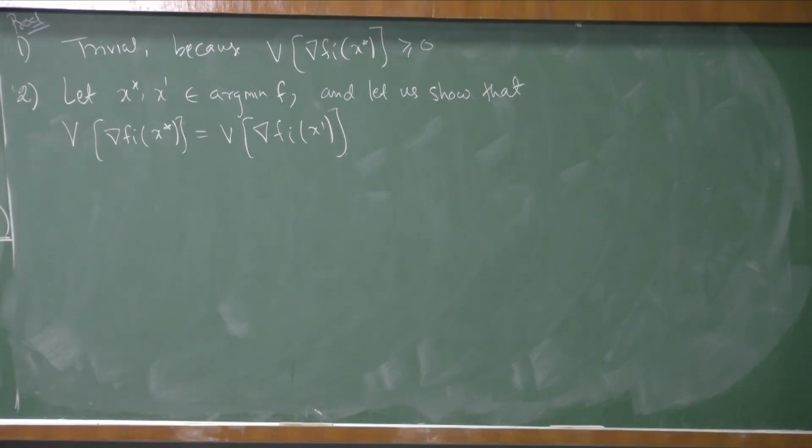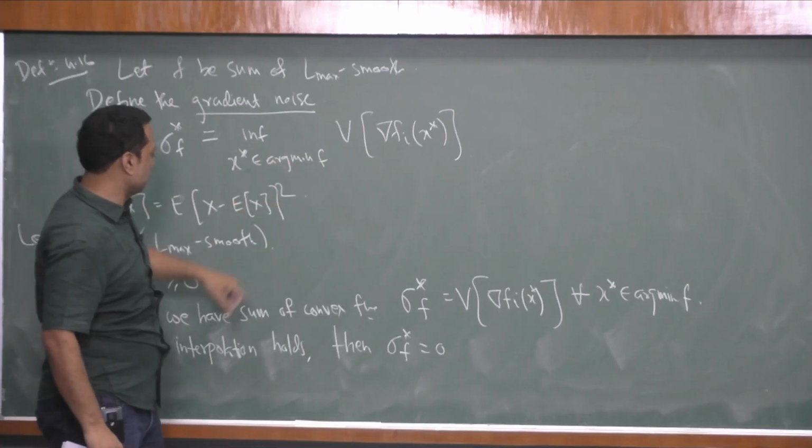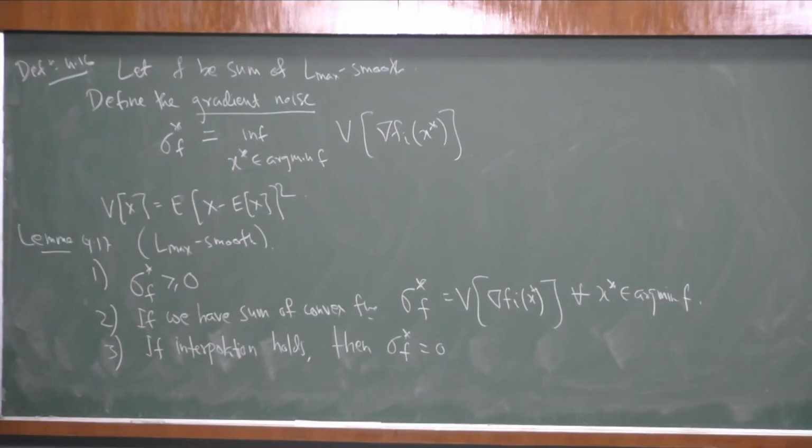So if we show that, then what we are saying is that the infimum has no role, because if it's a sum of convex functions, then they have a unique minimizer.